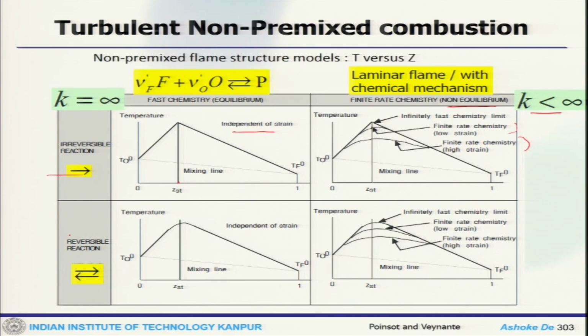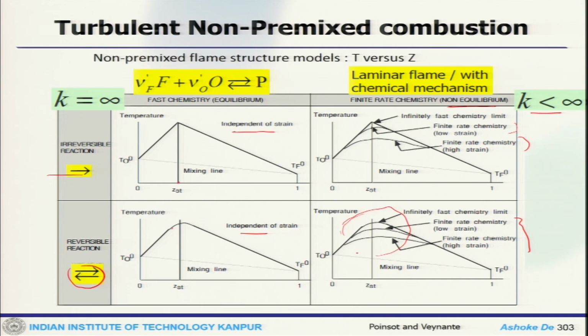Now, when you use the reversible situation, you can see that even at the equilibrium limit, where the fast chemistry assumption is there, the temperature does not go to a peak, it takes a smoother profile. This is still independent of strain, and then when you take the finite rate effect for different strain conditions, you see the profile variation.